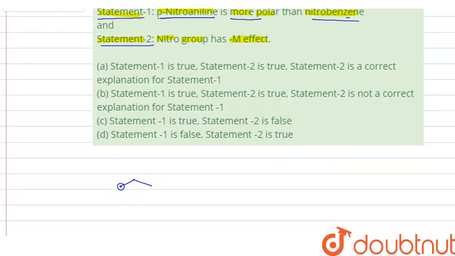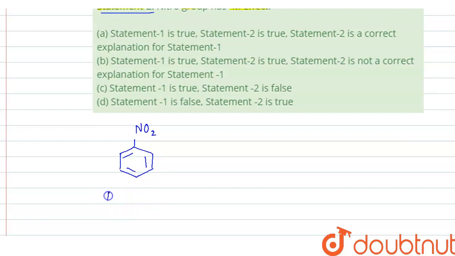So we have nitrobenzene. Then we have here NH2 and here NO2.